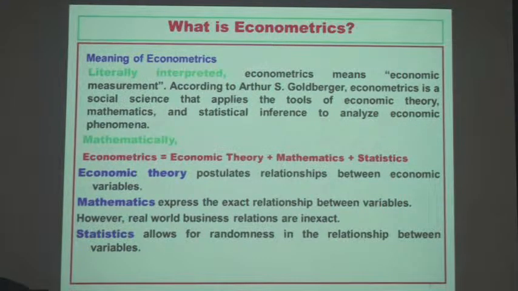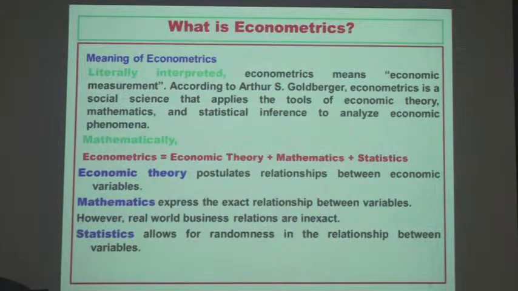Economic theory gives us the relationship between variables. Mathematics is a way to express that relationship in an exact way. But real world business relations are inexact. For this inexactness, we need randomness, and randomness is covered by statistics.